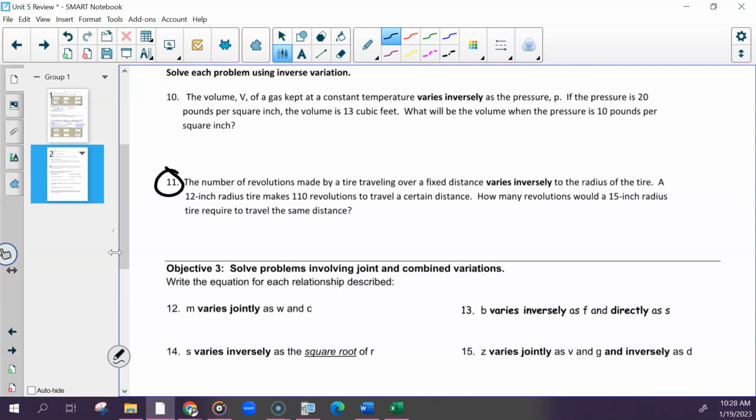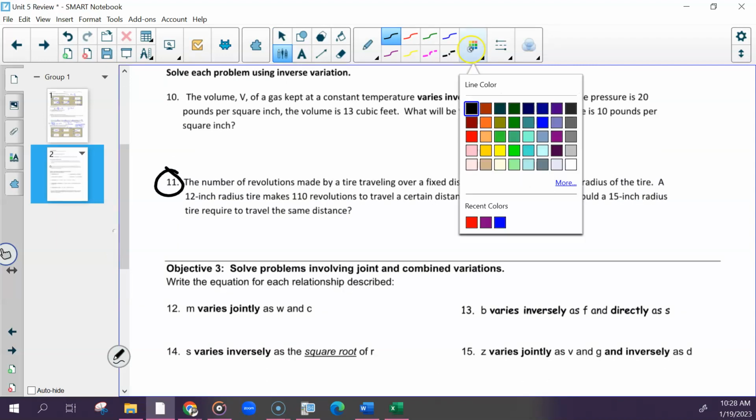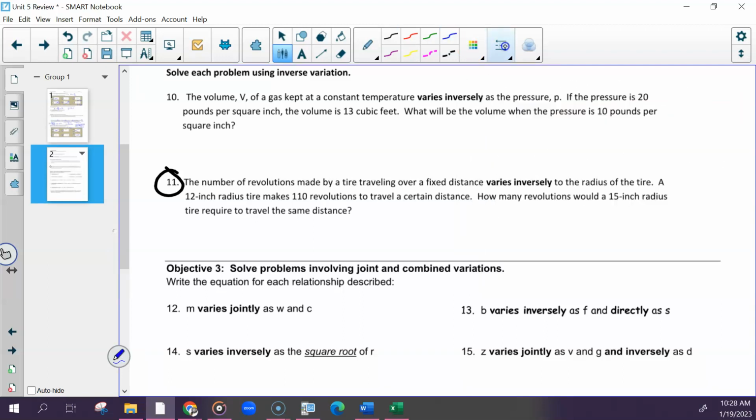Okay. For number 11, the number of revolutions made by a tire traveling over a fixed distance varies inversely to the radius of the tire. So number of revolutions is your y. You can call it y, R, N, whatever you want. Radius of the tire would be x. Don't make both of these R if you're not using y and x. Make them different.